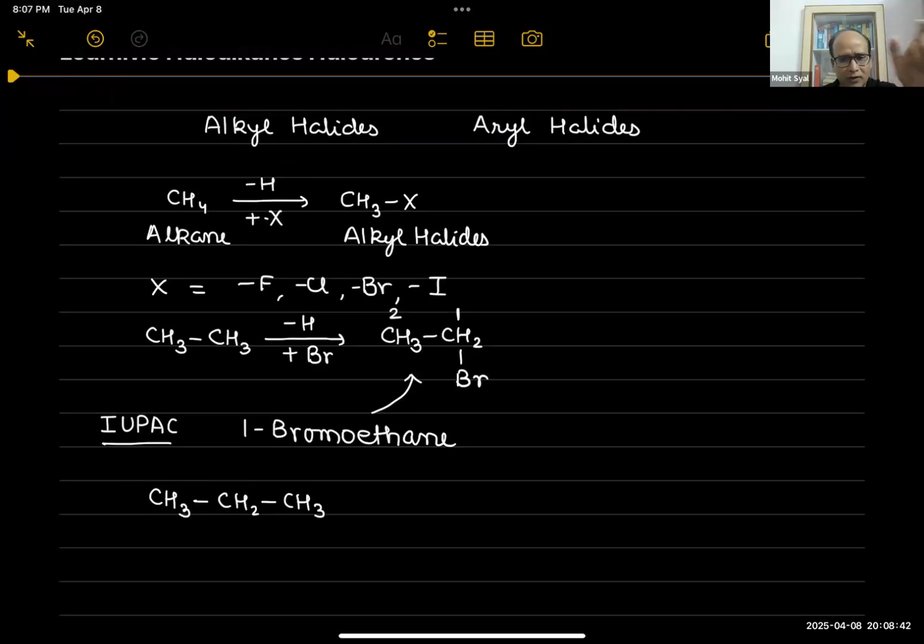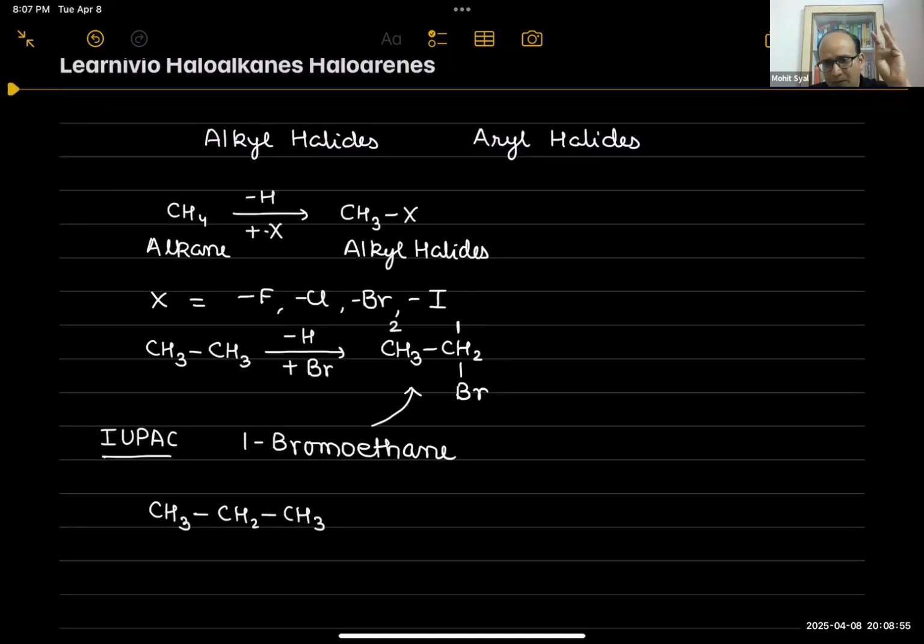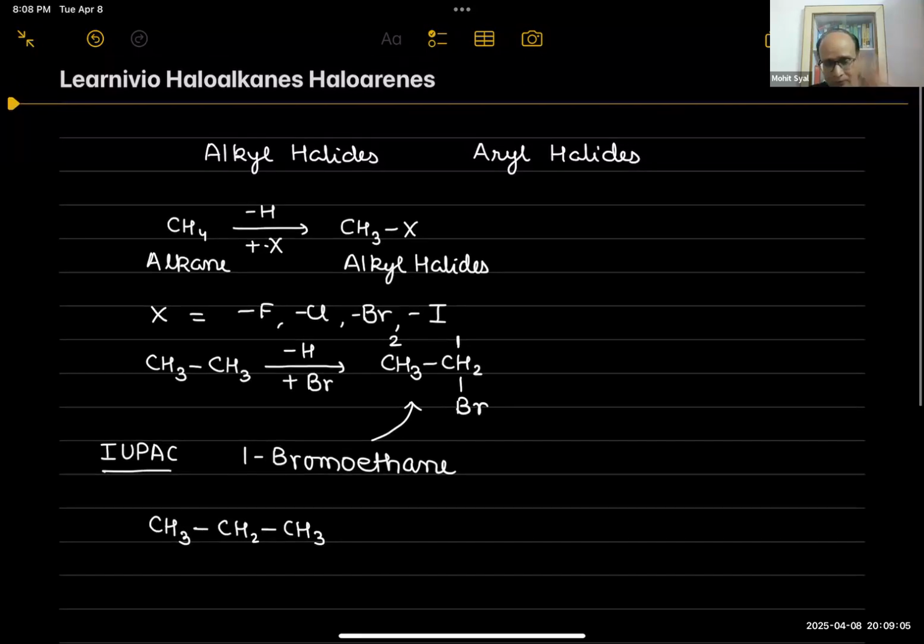Just coordinate with the management, and we can have the classes fine tuned. Because next chapter I think will be this only, haloalkane, since Ibrahim and Jasleen completed the rest, we can complete this and then move on to kinetics. Today also I will talk to the management to have your classes adjusted according to the kinetics also.